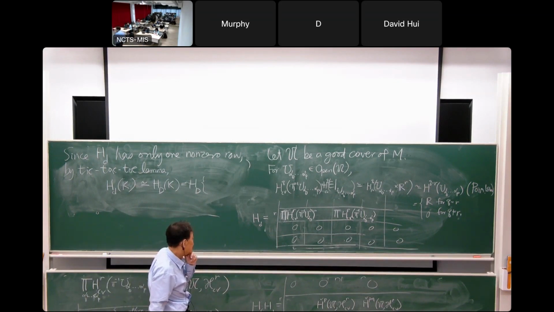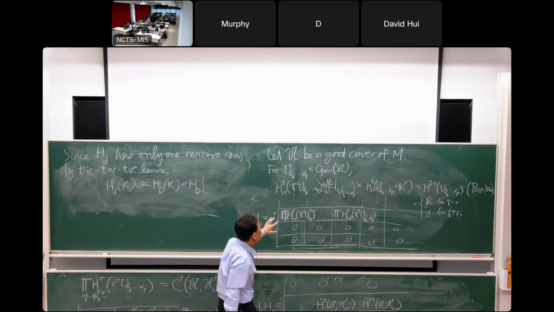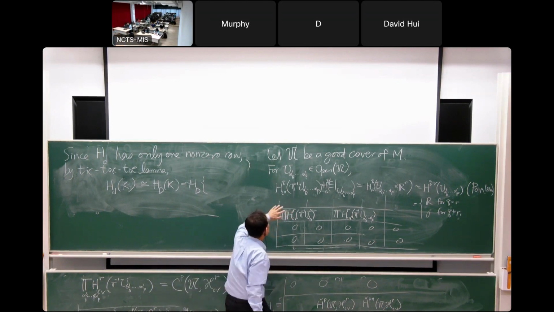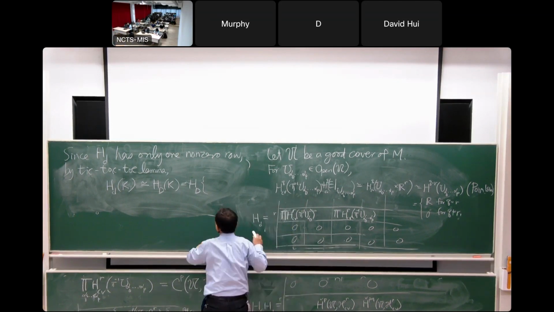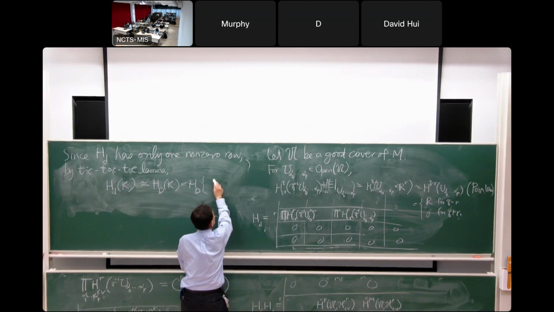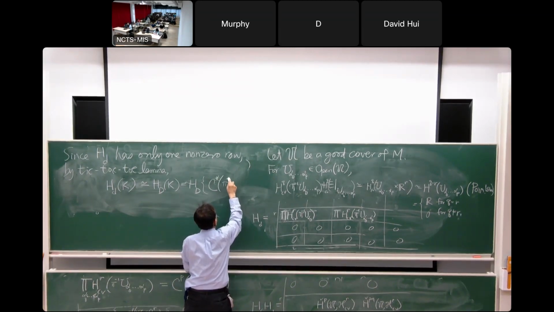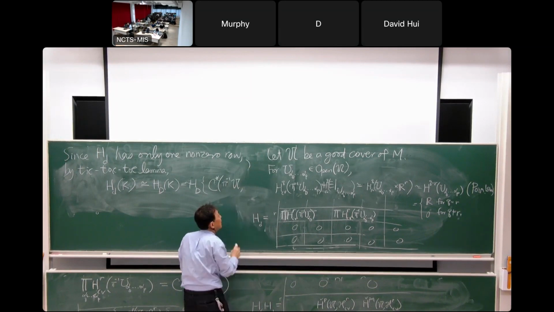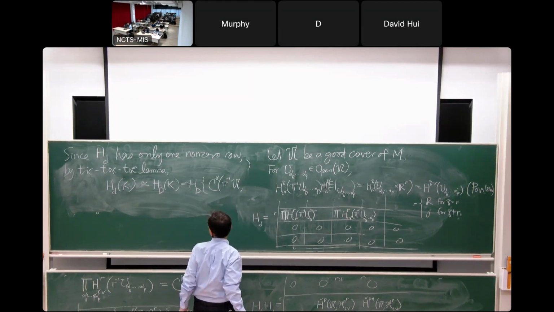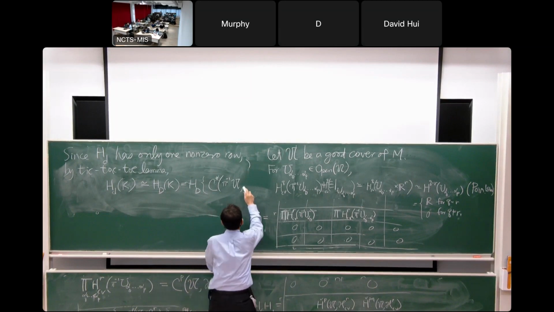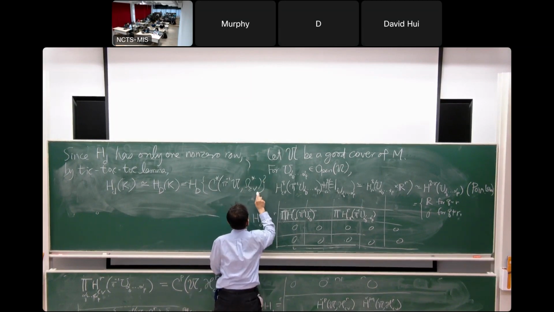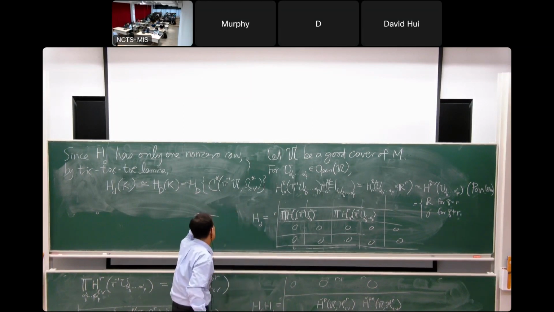I think I have erased it. K was the original complex. It's C star of pi inverse U with omega star of pi inverse, right? That was K. Okay, yeah.